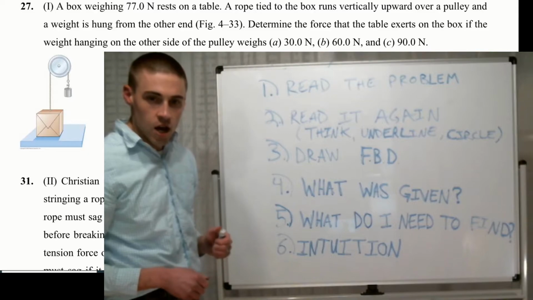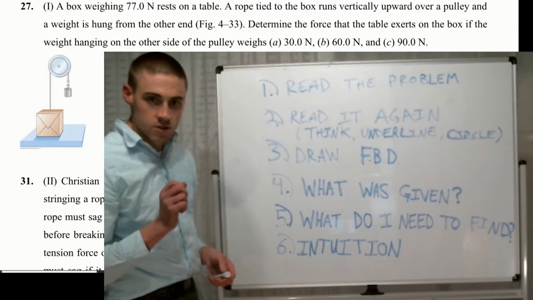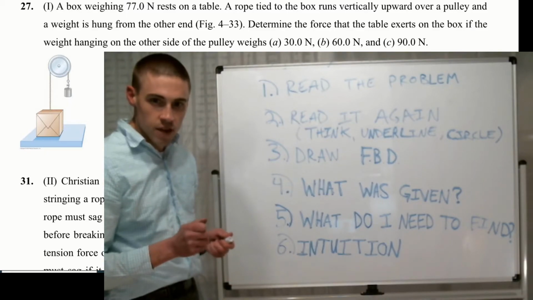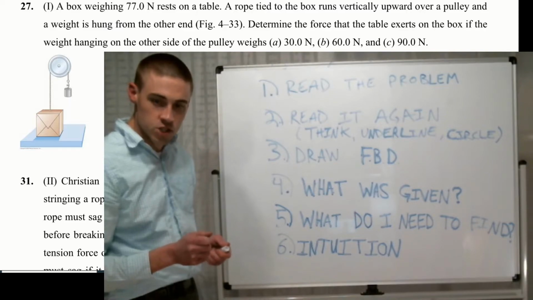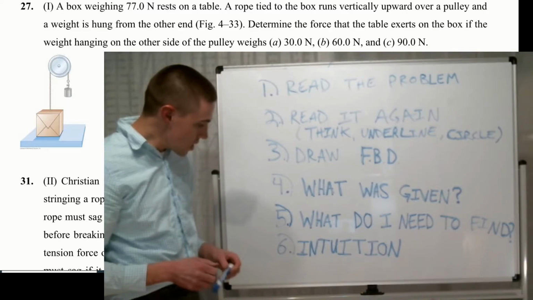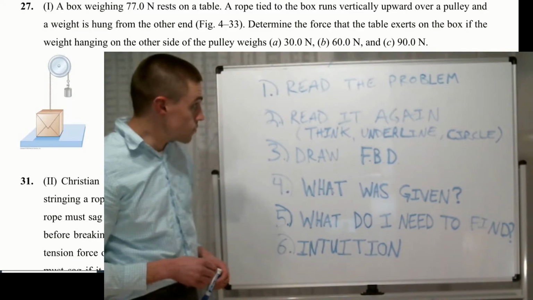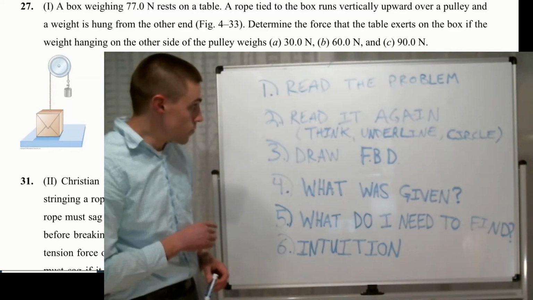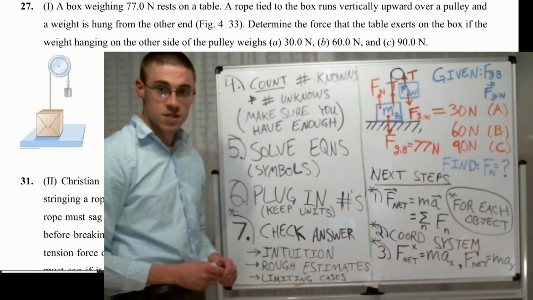When there's a box on one side, something goes over a pulley, and there's a weight on the other end, you have an intuition for how a system like this might function. So think about the problem, conceptualize it in step 6, and then I will solve the problem once you're done doing that.